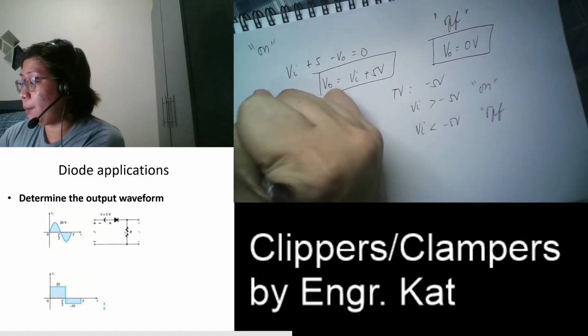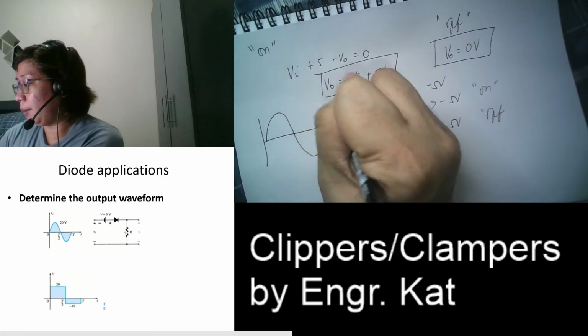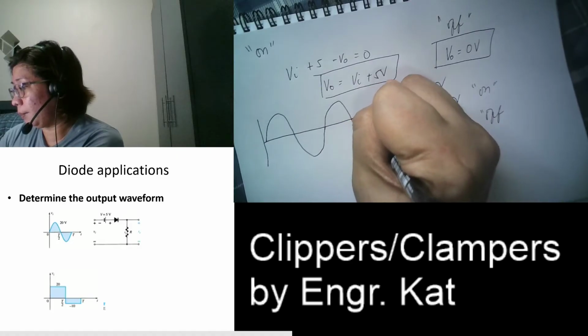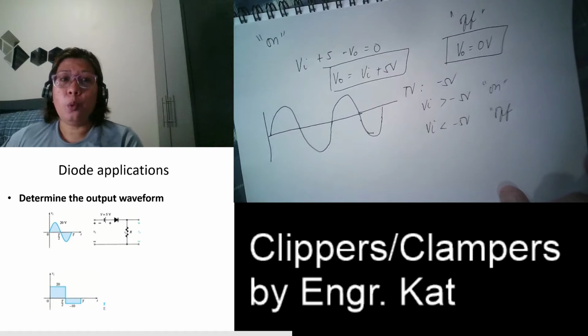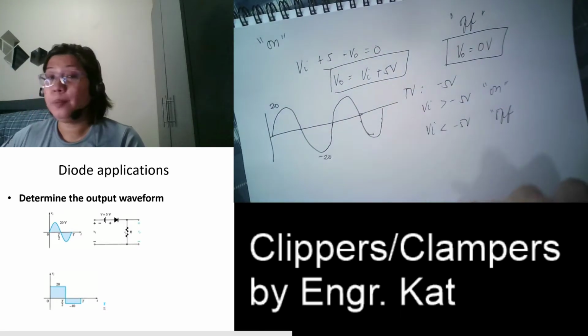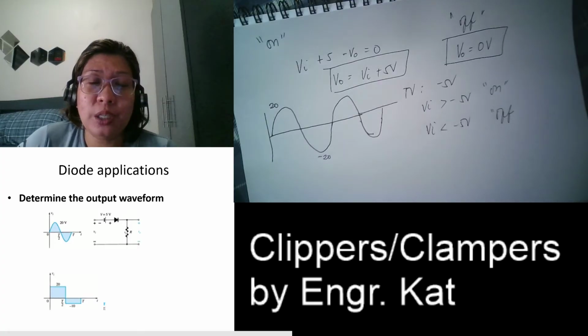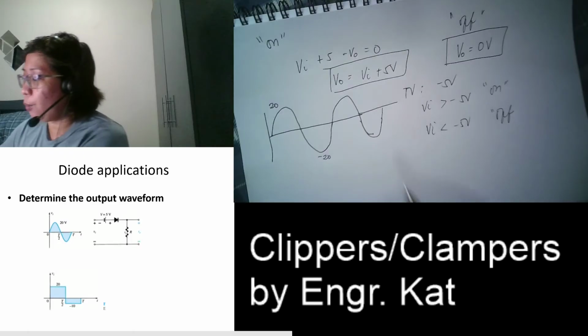This is our input. This is 20. This is negative 20. And where is your transition voltage, class? It is negative 5. That is a straight line. That is DC. So where do we place that?